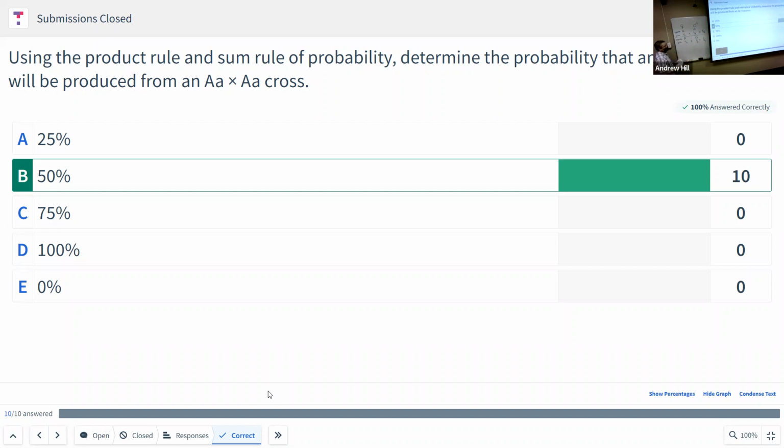And we're still not quite done yet. We know now that small a, big A, the probability of that is 1/4, and big A, small a, the probability of that is 1/4. But what we really need to do is combine these, right? Because it doesn't really matter the order here. So what we do then is use the sum rule when you have various ways of essentially getting the same result.